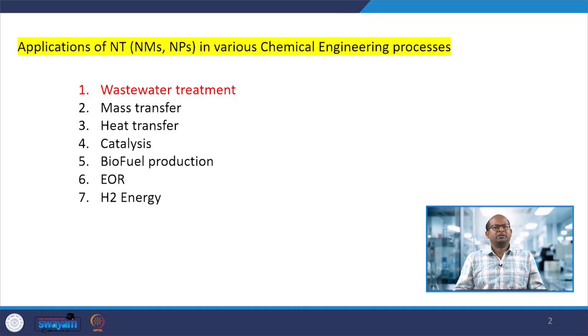So, from a chemical engineering point of view, the nanomaterials are basically metal or metal oxide, carbon nanotubes, CNT, or carbon, porous carbons, activated carbons. So, many materials are there. They can be used for wastewater treatments, mass transfer applications, particularly flue gas CO2 absorption or CO2 gas separations.